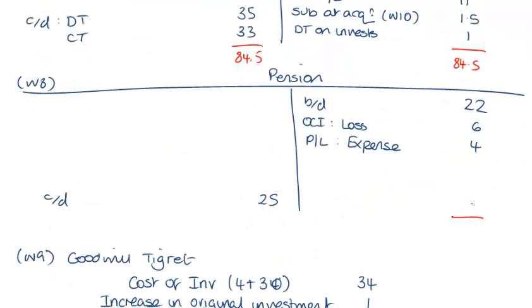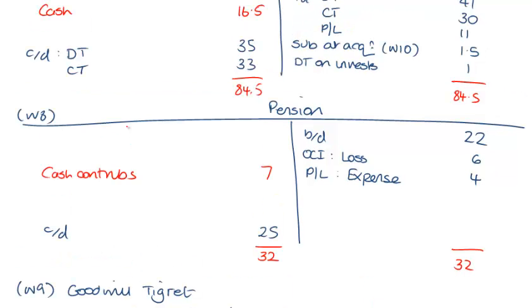Pension, 32 must equal 32. It doesn't balance by 7. What have we not dealt with in terms of pensions? We've not put in the cash contributions. So this must be the balancing figure. Cash contributions are 7, like so. Pensions are operating activities.